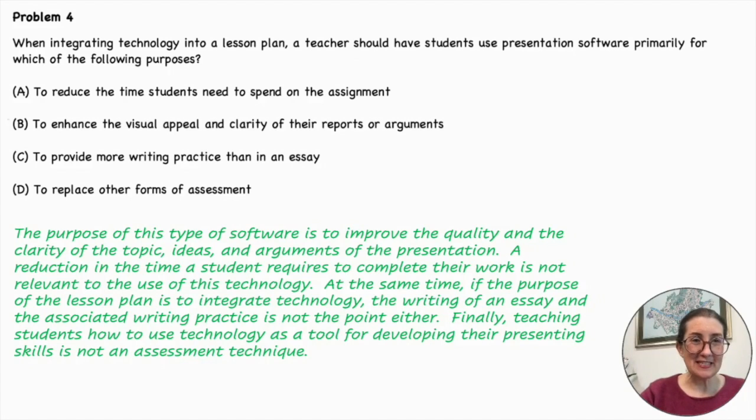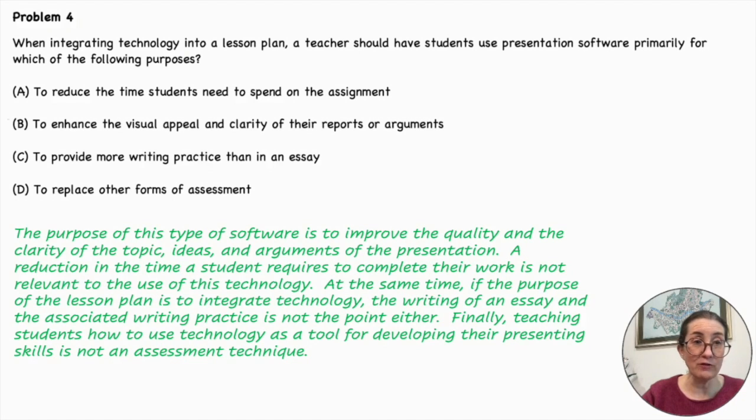The purpose of this type of software is to improve the quality and the clarity of the topic, ideas, and arguments of the presenter in their presentation. A reduction in the time a student requires to complete their work is not relevant to the use of this technology.